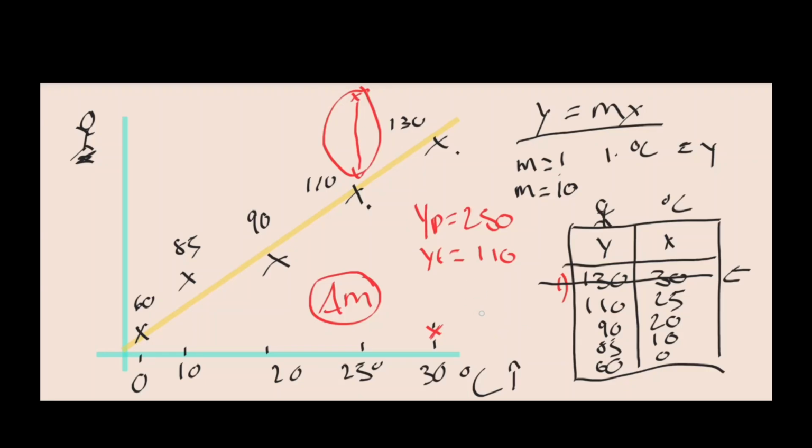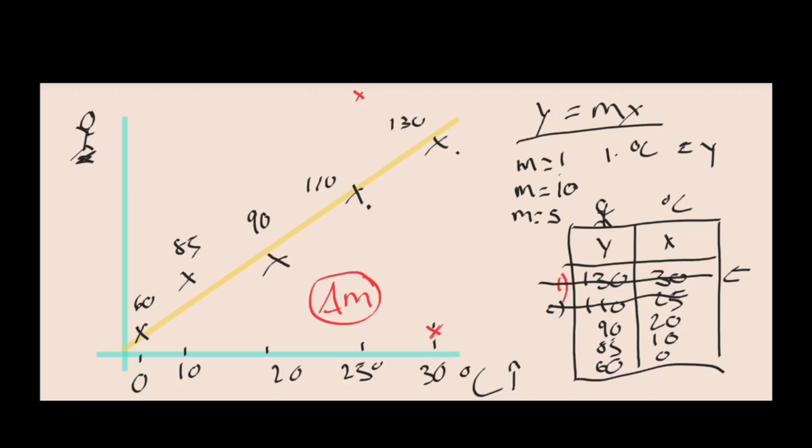Remember, I want my error to be as close to 0 as possible, and right now I am 140 off from my target. So I will cross off my second attempt and reduce my m. Maybe we can say something like 5. And I will try again to see if I'm matching with my next data sample.